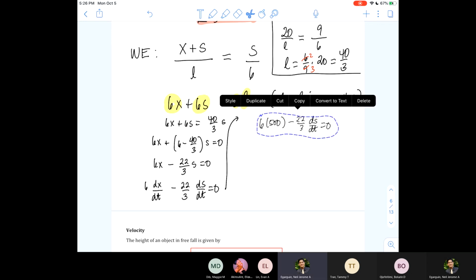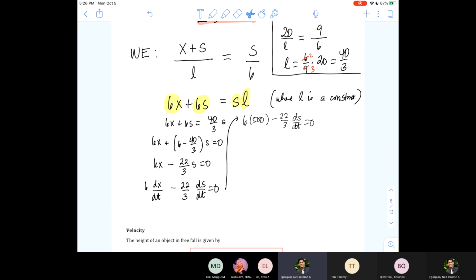Okay, are you checking my arithmetic? Hopefully I did it right. And so here we do simple algebra to find ds over dt. It equals negative 3,000 all over negative 22 over 3, so it will be positive now, times 3 over 22.